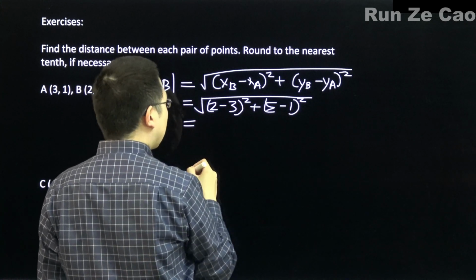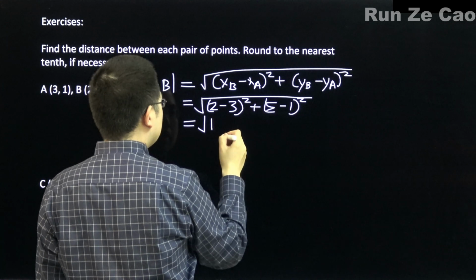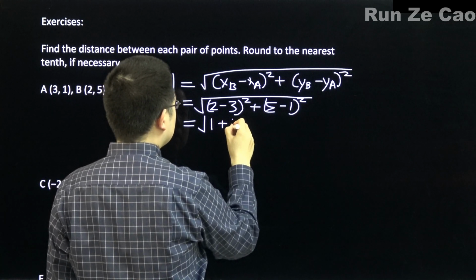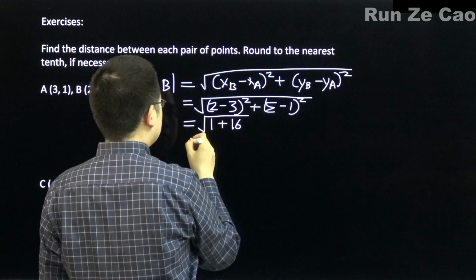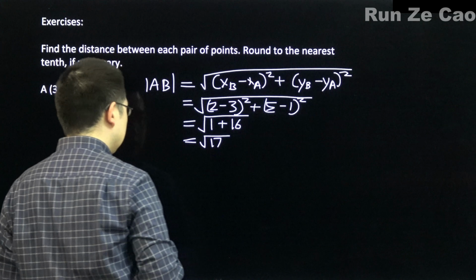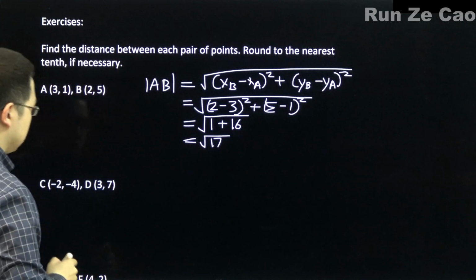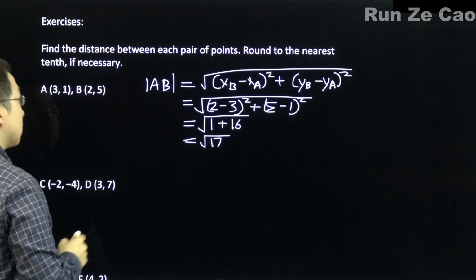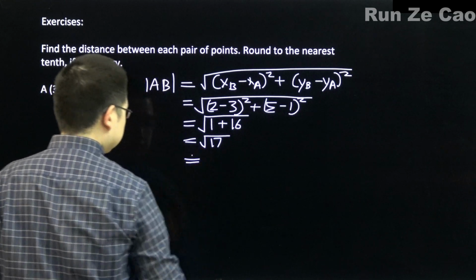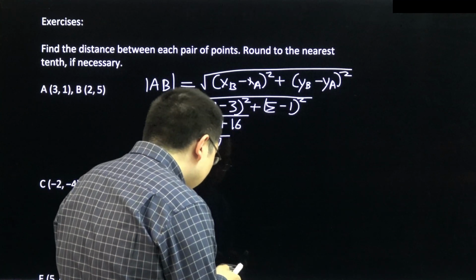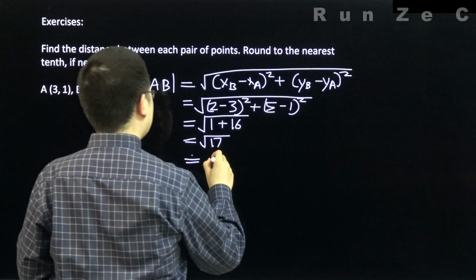So negative 1 squared is going to be 1, and then 5 minus 1 is going to be 4. 4 squared is 16. So, root of 17. Round to the nearest tenth, that means approximately 4.1.